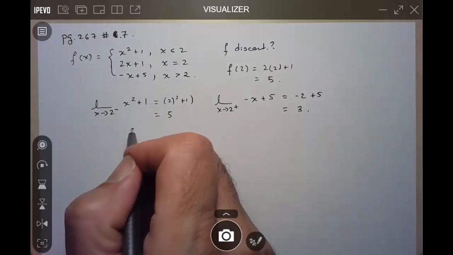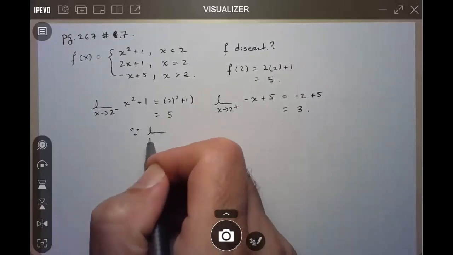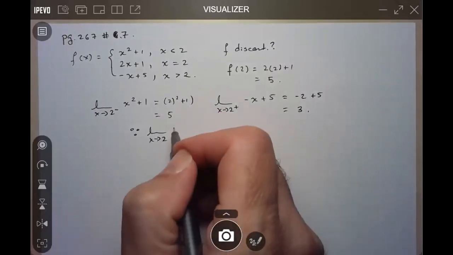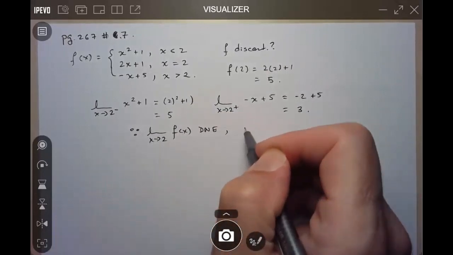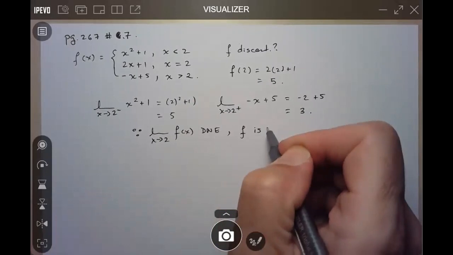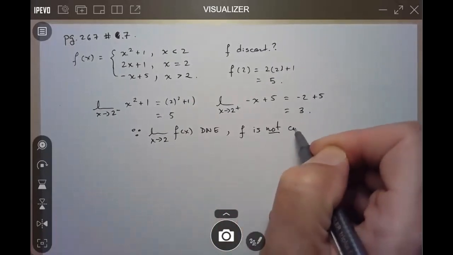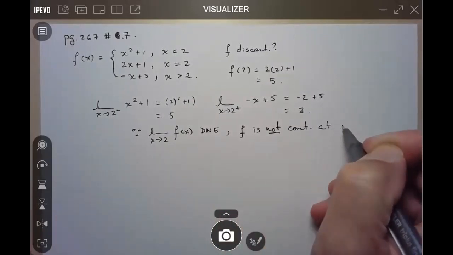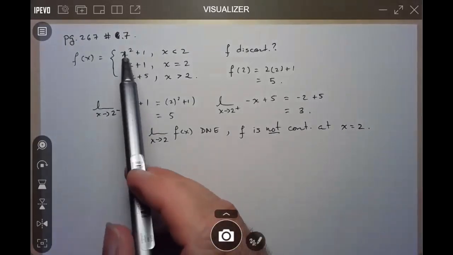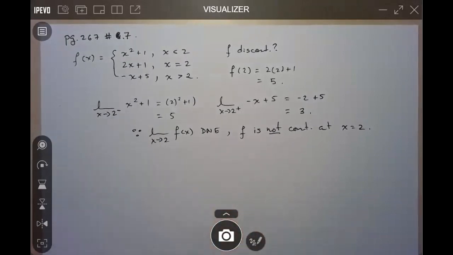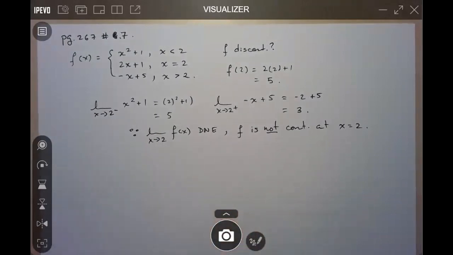Okay, so since the limit as x approaches 2 of f at x does not exist, f is not continuous at x equals 2. And that is the only place where it's not continuous, because we already made the argument that everywhere else we're dealing with continuous functions, and so they'll be fine.